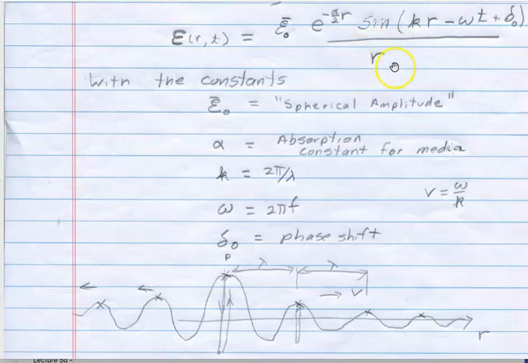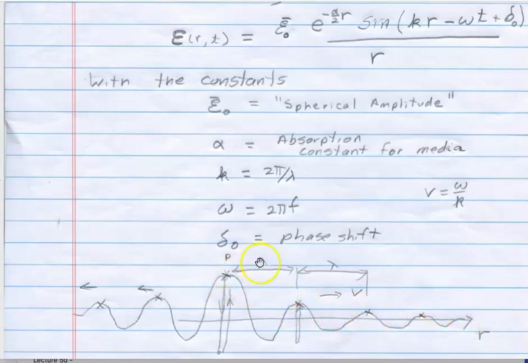One is this 1 over r dependence, and the other is this exponential damping. If I go out to any other point, a distance r from it, that point oscillates up and down as well. I think of this as water, for instance. Then I'd have a cork here that just bobs up and down, and a cork here that simply bobs up and down, but with lesser amplitude. The amplitude generally decreases as you go out.